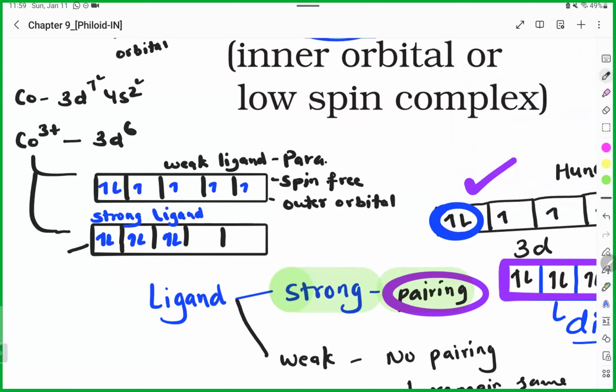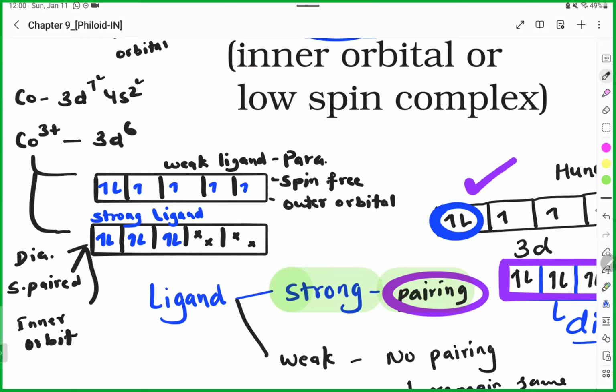So this will be diamagnetic. All electrons are paired, so they cannot move freely. So spin paired. And here you can use these two orbitals because these are free. So you will say it is the inner orbital complex.